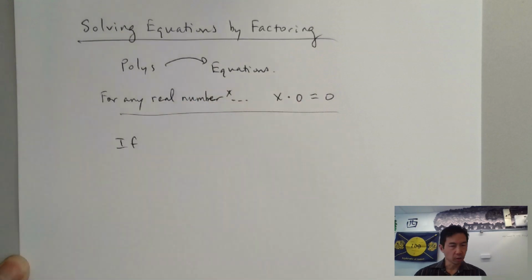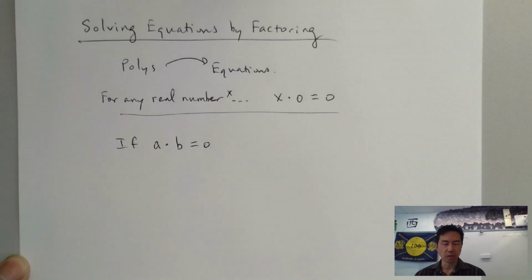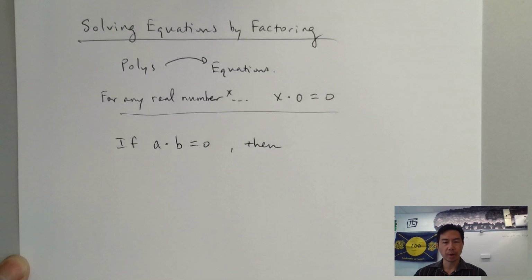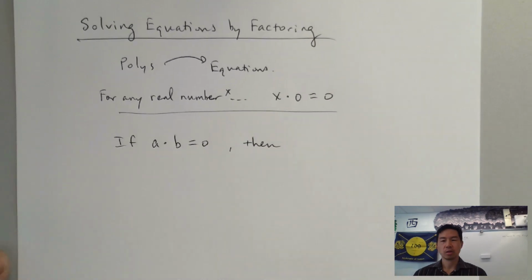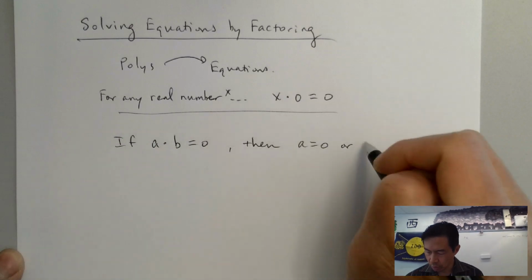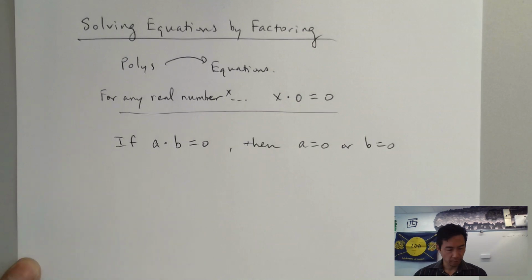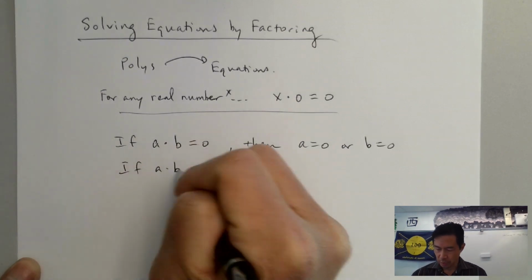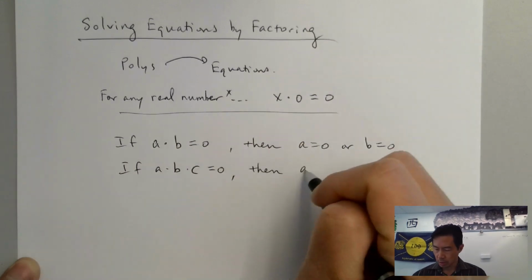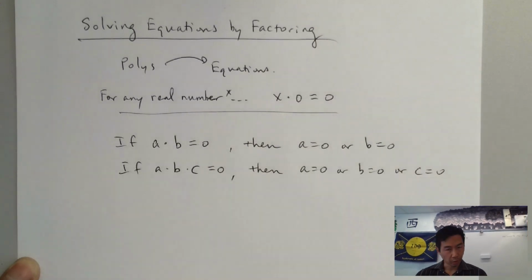we can draw some conclusions. If a times b equals 0, then what can we say about a and b? We can say that a equals 0 or b equals 0, right? At least one of them has to be 0. If a times b times c equals 0, then a equals 0 or b equals 0 or c equals 0, okay?